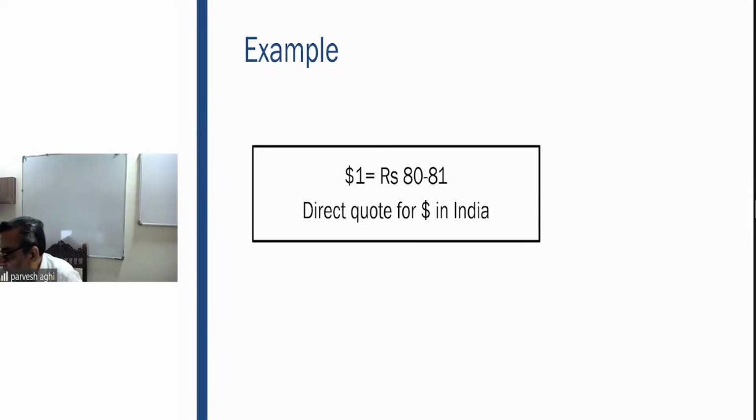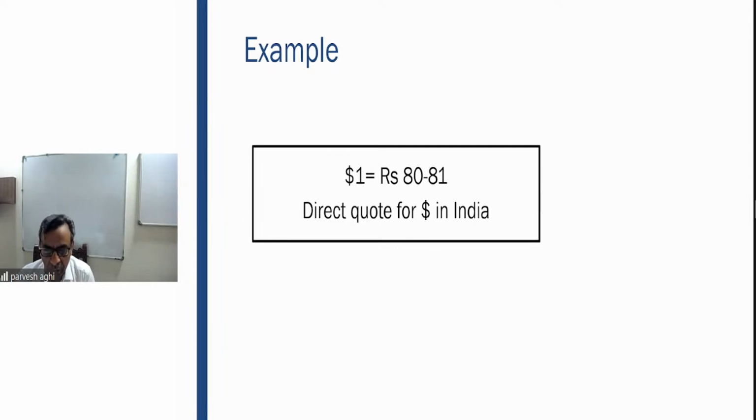So I'm just explaining for your benefit, Tanisha. Just try to understand this example, your own question. Suppose you find the rate of dollar is 80/81. So 80 is the bid price and 81 is the ask price. Now I'm trying to explain from the customer's perspective.